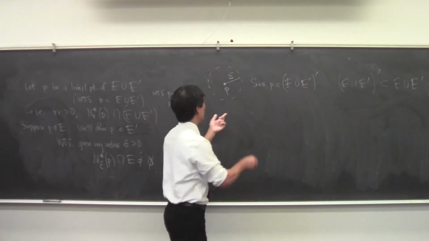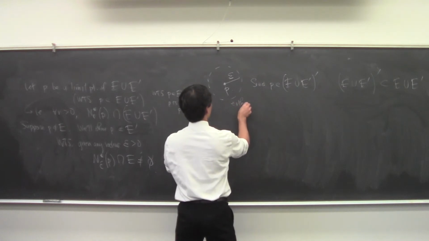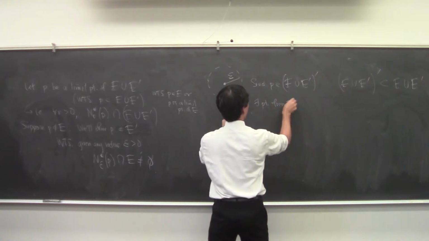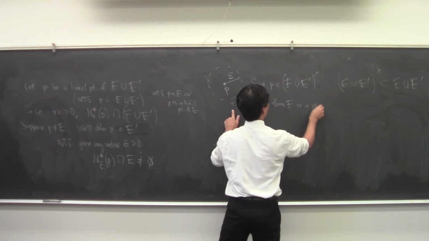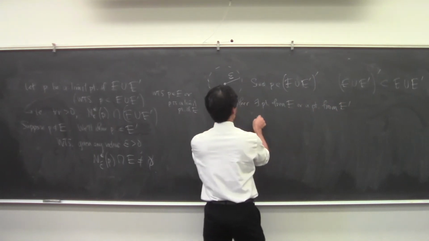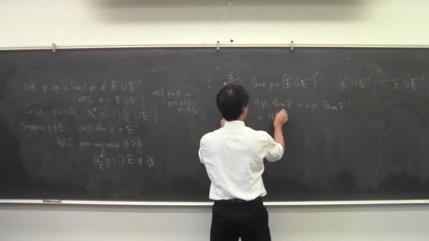So either there's a point from E, or a point from E prime in that punctured neighborhood.